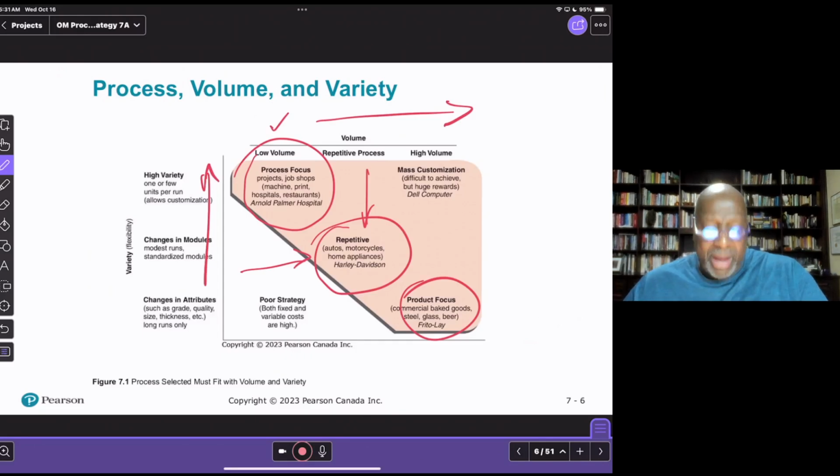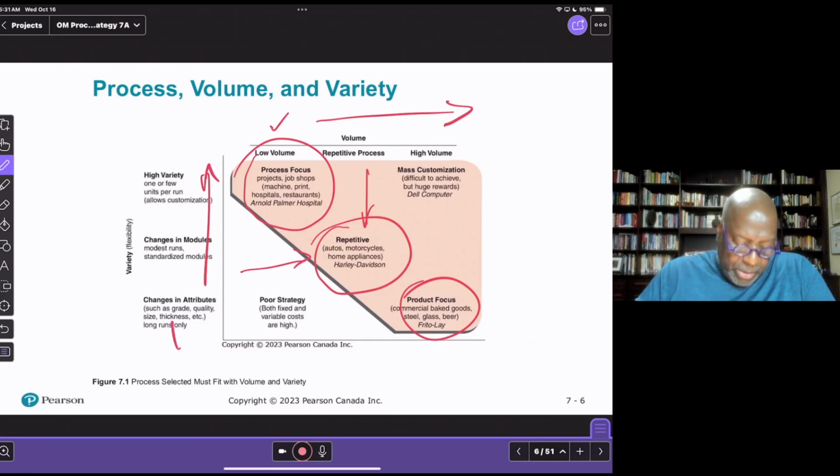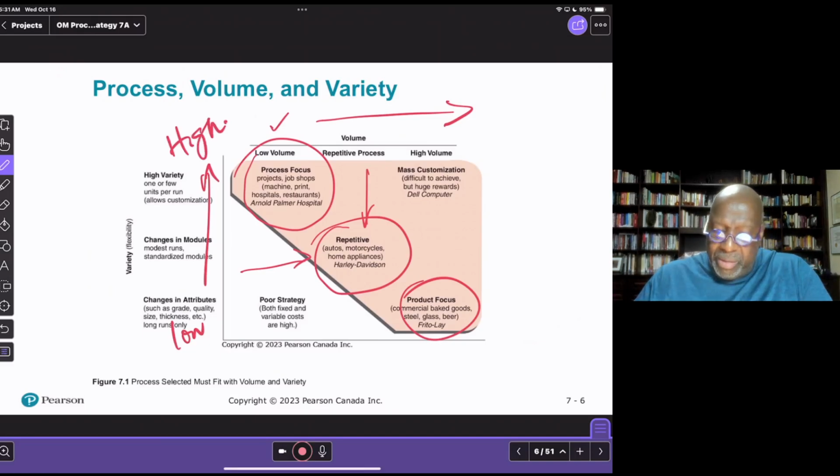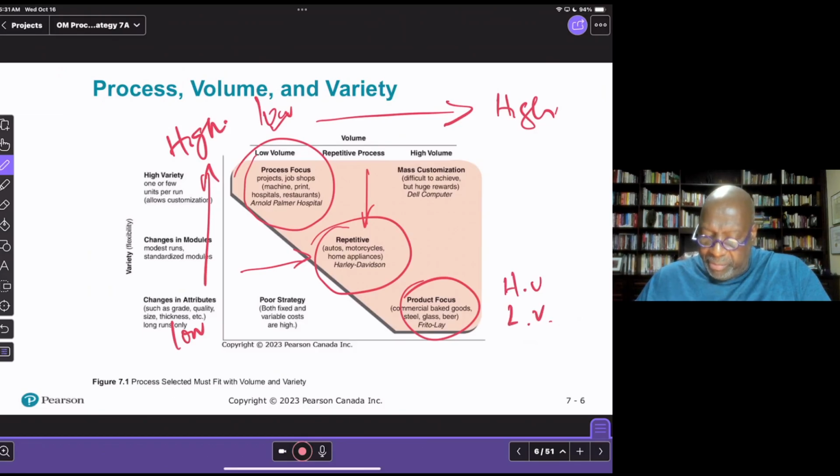So there's little variety. As we could see down here, variety is high, right? Volume is high, and then volume is low. So here we have high volume, low variety. All right. And so if we're making something like bread, that's an example of that. Or making potato chips, very, very high volumes.